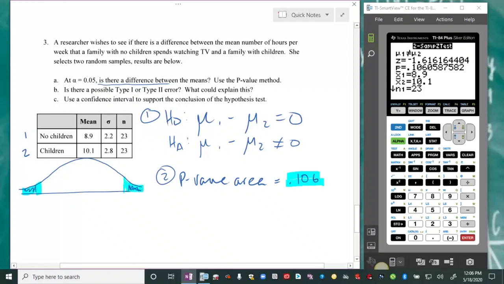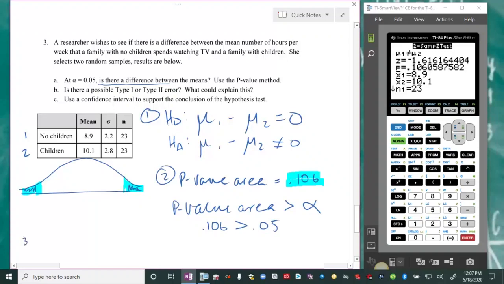I'm going to spill into my fail to reject region. And this is because my p-value area is bigger than my significance level. 0.106 is bigger than 0.05. So I spill into the fail to reject region.